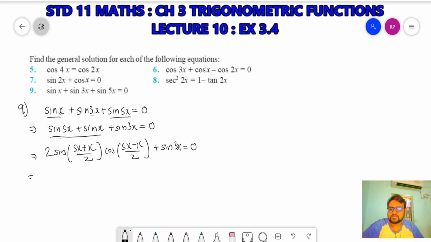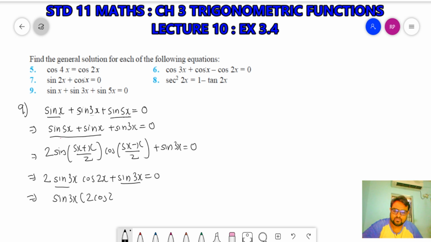So this implies 2 sin 3x cos 2x plus sin 3x equal to 0. I can take sin 3x common. So this will be equal to sin 3x. What is remaining? (2 cos 2x plus 1) equal to 0.